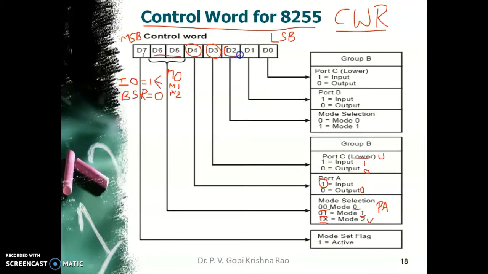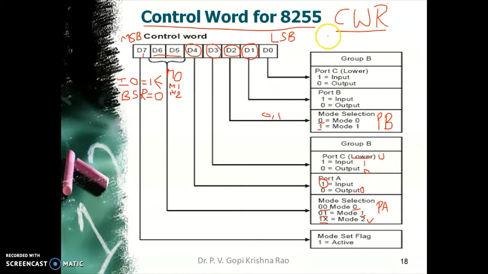D2 bit is used for defining the mode of operation of port B. Port B can be operated in 2 modes, mode 0 and mode 1. So if D2 bit is 0, it is mode 0 of port B. If D2 bit is 1, it is mode 1 of port B. D1 bit defines whether you are using port B as an input port or output port.